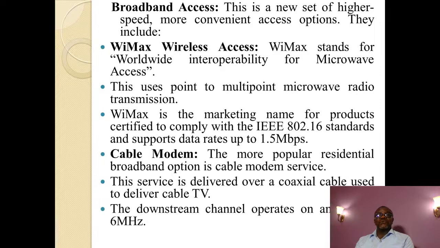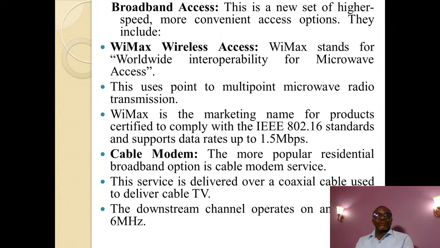We also have what we call the broadband access. This is a new set of higher speed access. For instance, when you go out, they have broadband networks. So what are these broadband networks? They give you higher speed and more convenient access options.